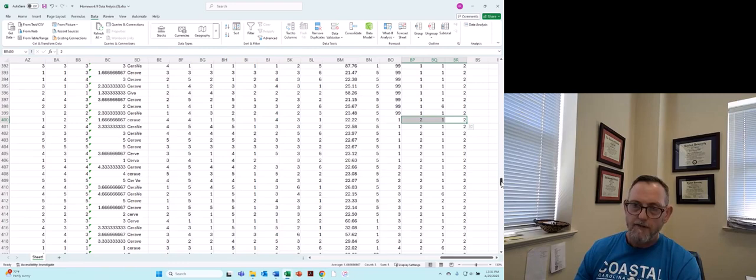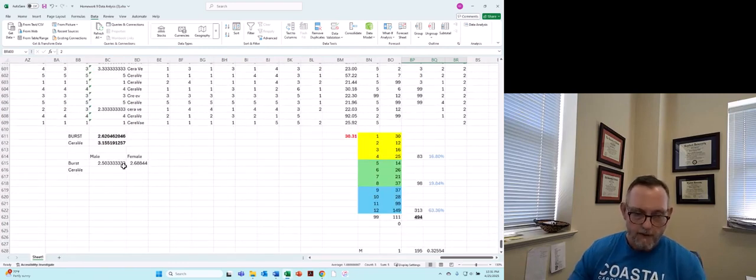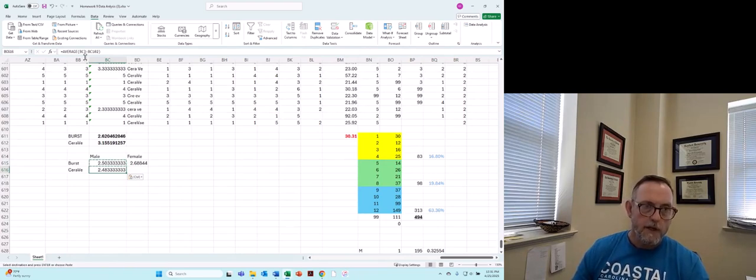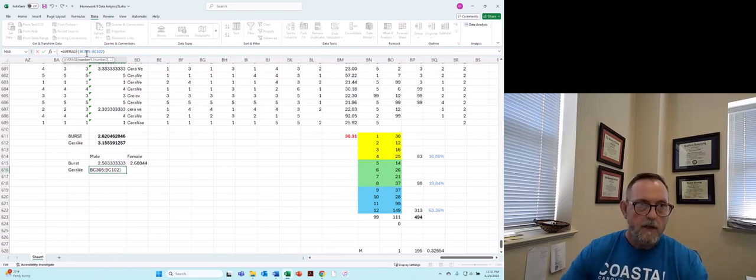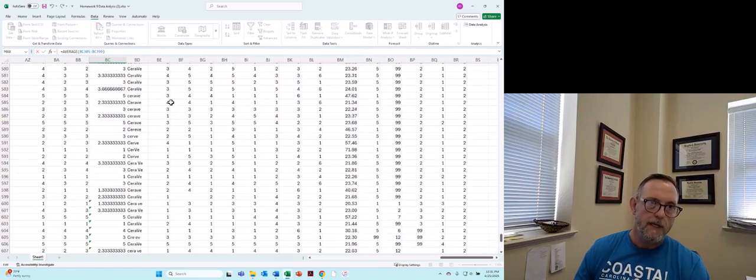So 305 to 399. This is going to be 305 to 399 in this. Again, that's going to be this column up here.